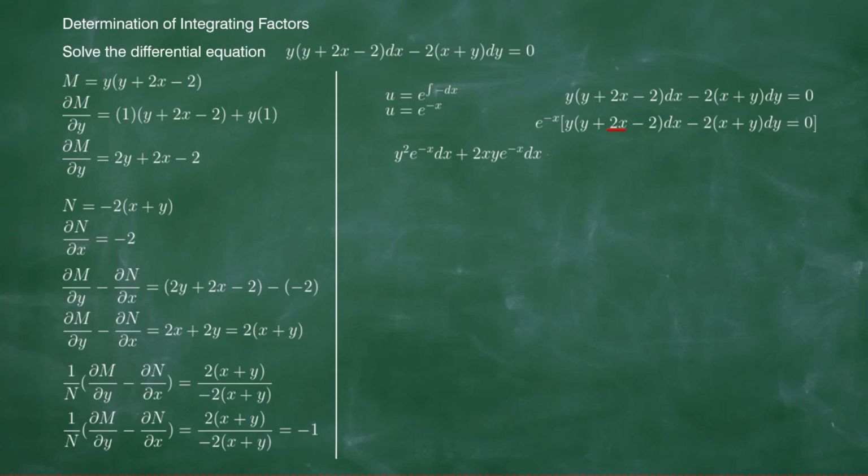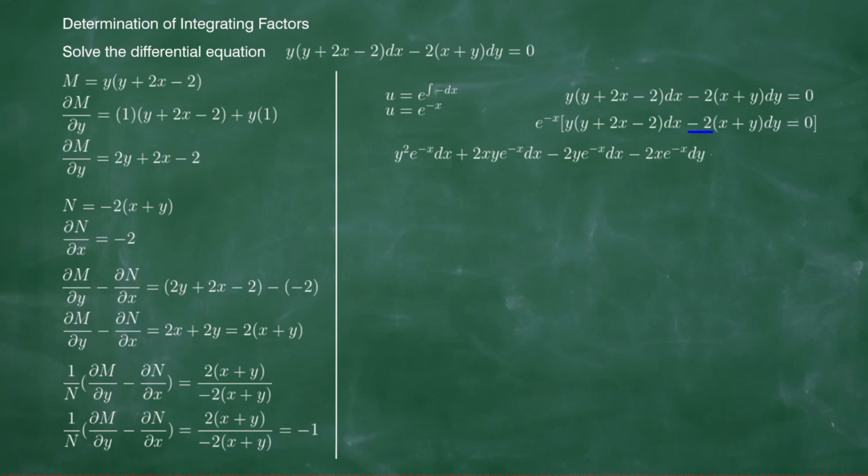Then we multiply 2x times e to the negative x times dx, so we have 2xy e to the negative x dx. Then next is negative 2 times y times e to the negative x times dx, so we have minus 2y e to the negative x dx.